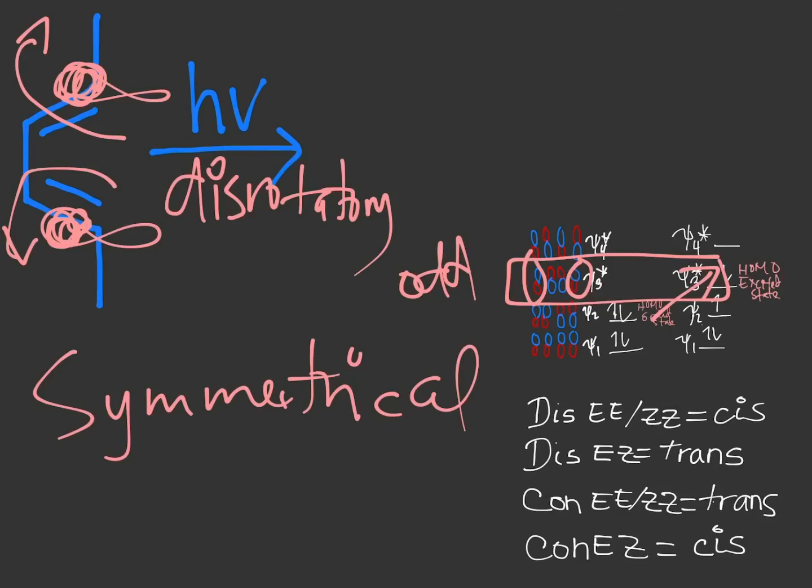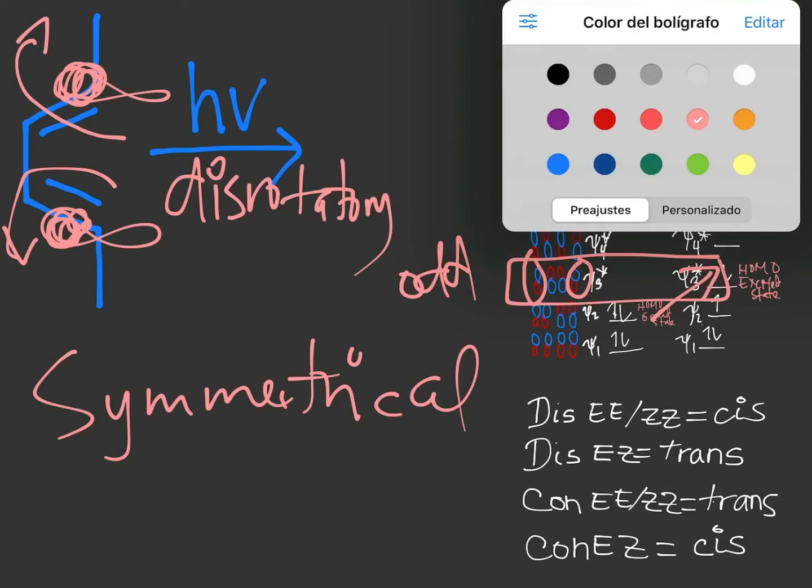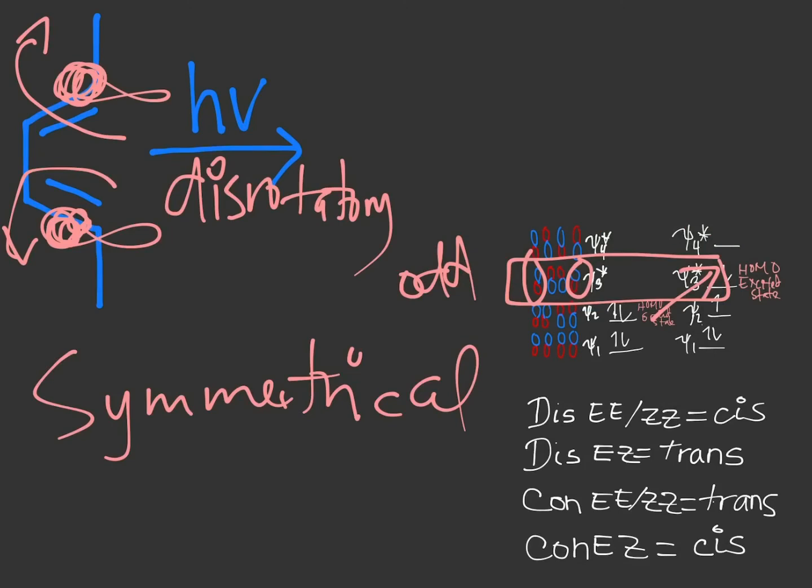And as before, we can see our molecule, and we have E, we set disrotatory. In this case, EE, we should get a cis.